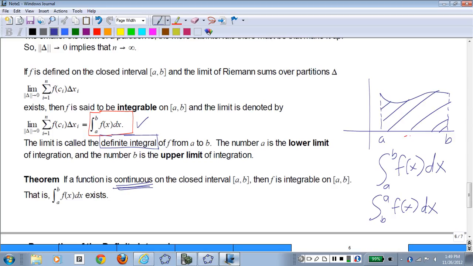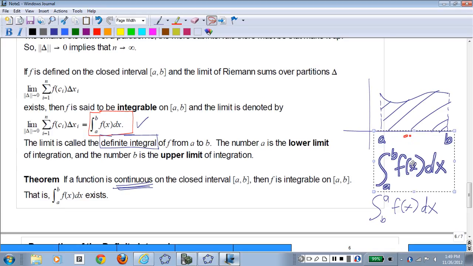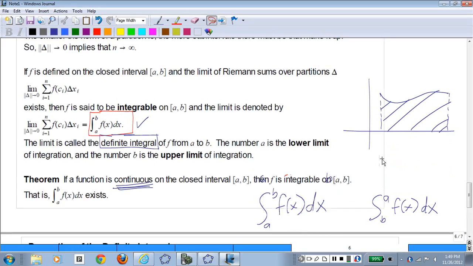We'll have a theorem down below that tells us that if the lower limit is actually the greater value and the upper limit is the lesser value, this and this are opposites of each other. This equals the negative of that.